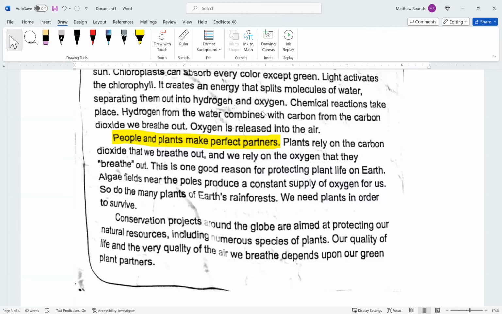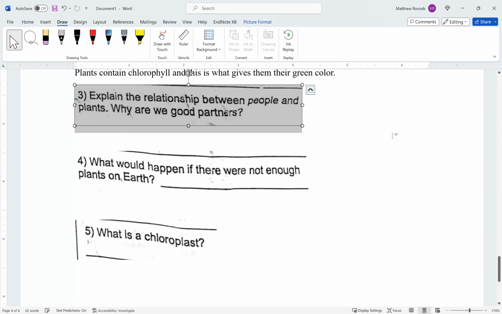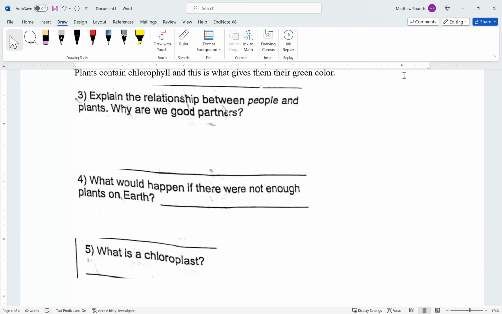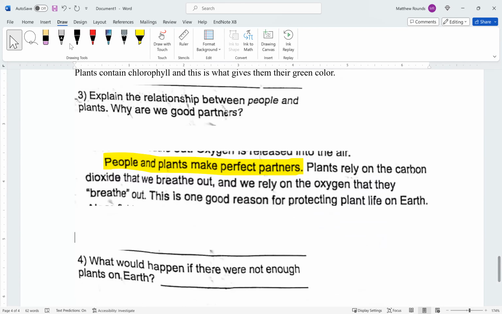So you have to write all that down to answer this question. Can we abbreviate it? No, this is the full answer. So go ahead and write this down. Everything that's not crossed out.